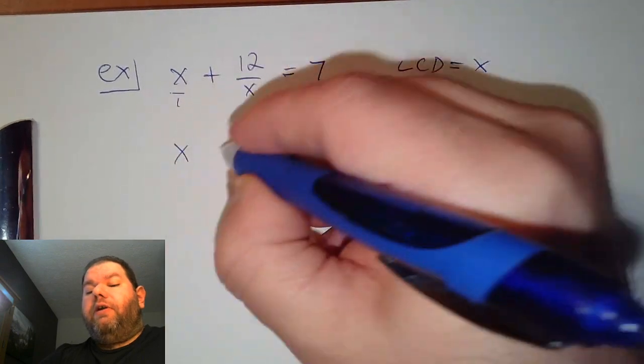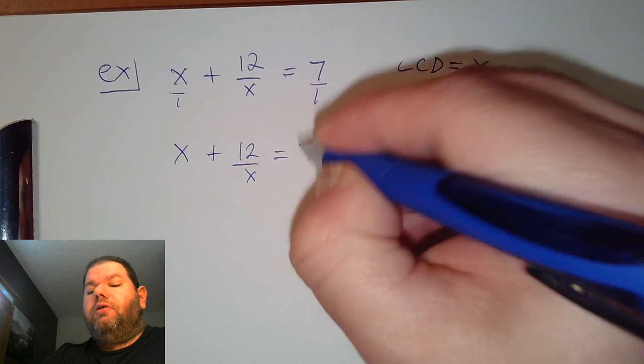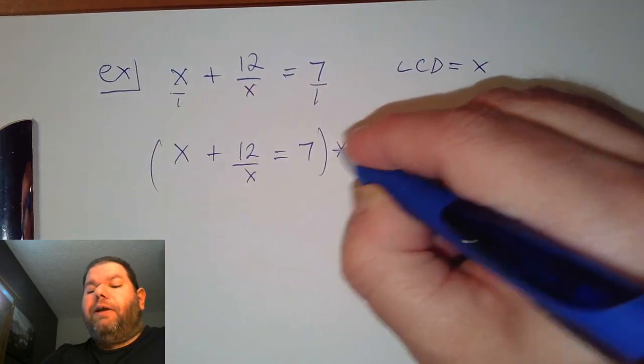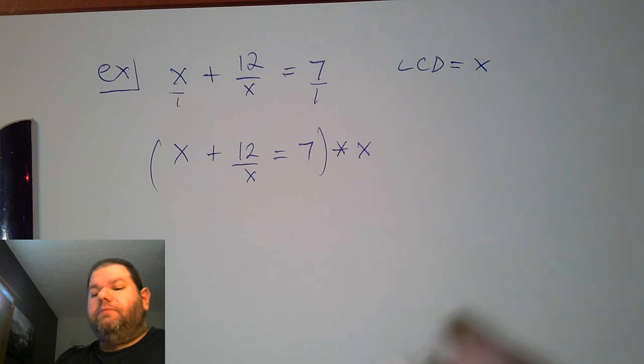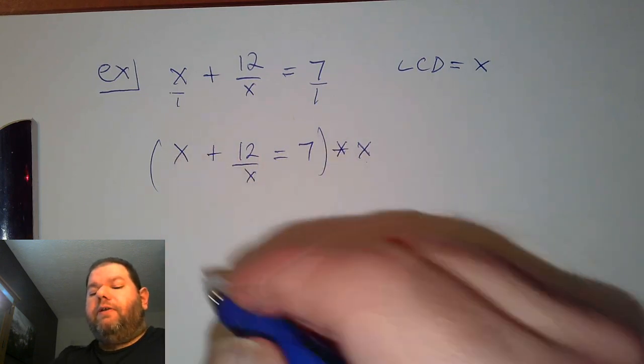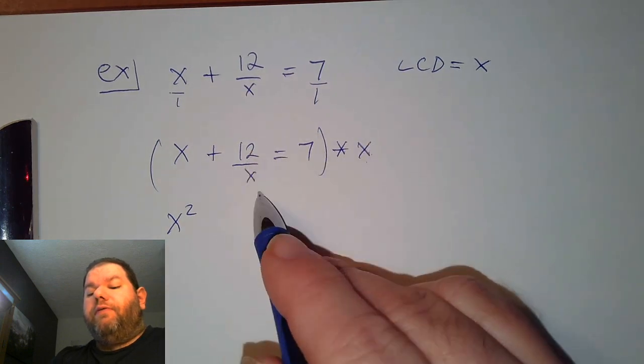So we would take this entire expression and multiply each term by x. So x times x gives us x squared. x times 12 over x.